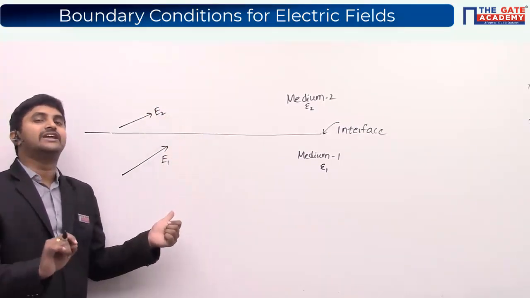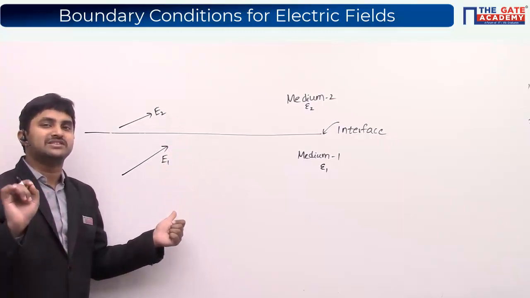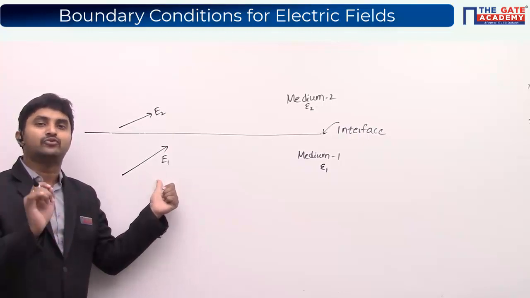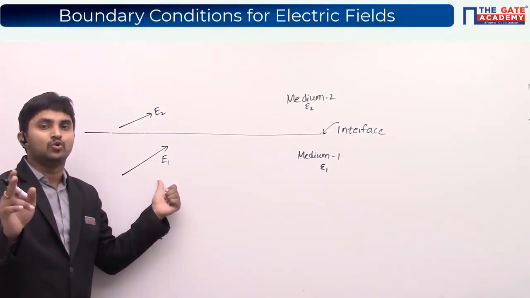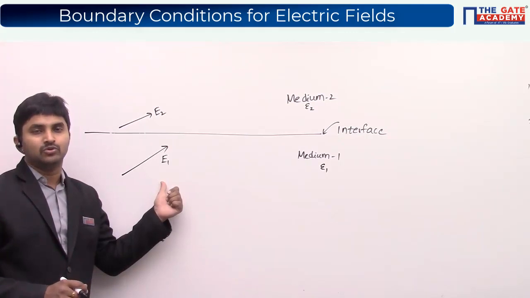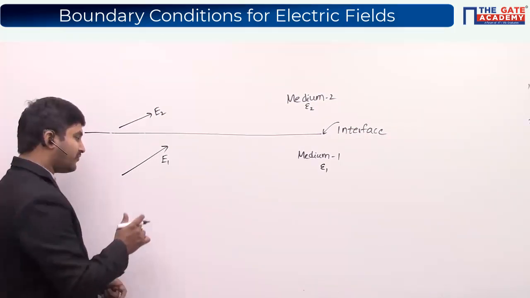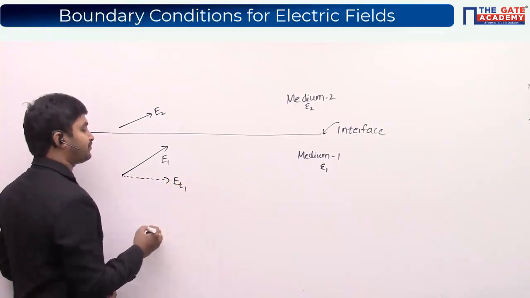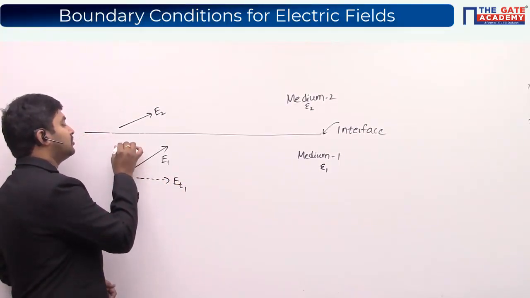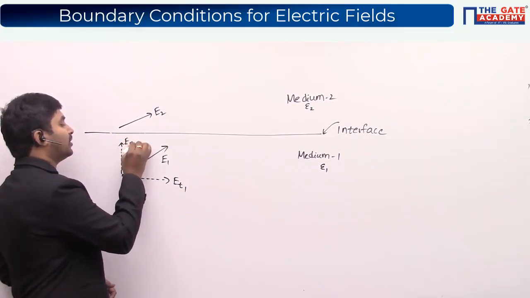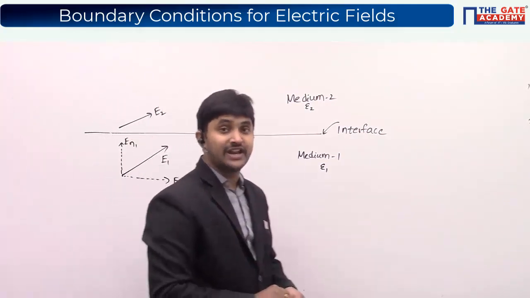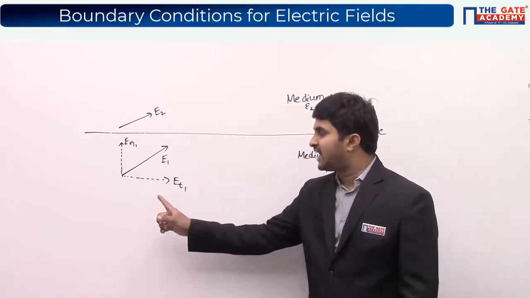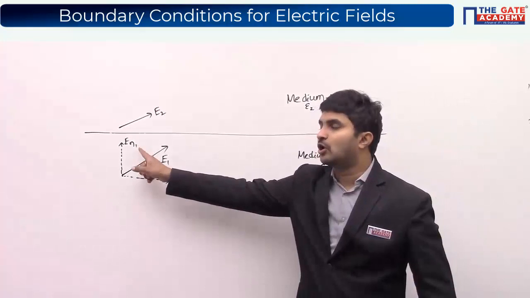Before getting into the problem, the very first thing that you have to do is that whatever electric field is given to us, we have to separate it into two components. One we can call the tangential component. The other we can call the normal component.